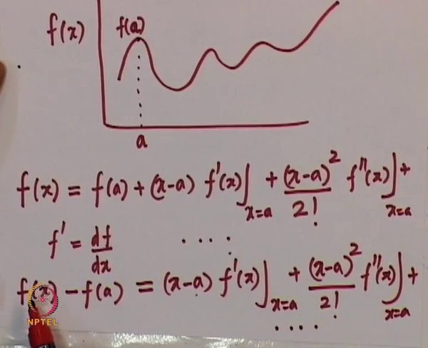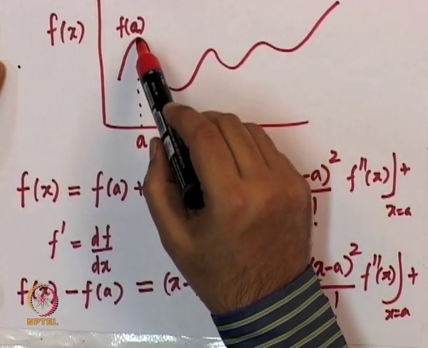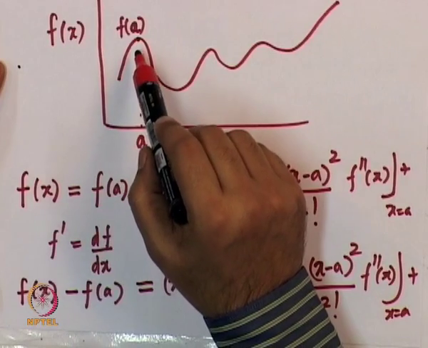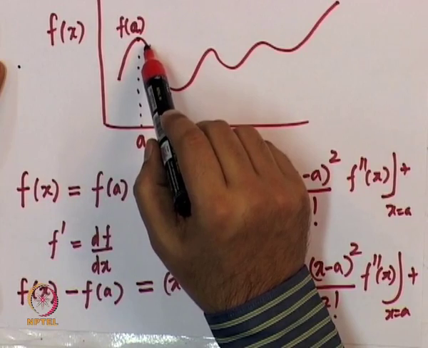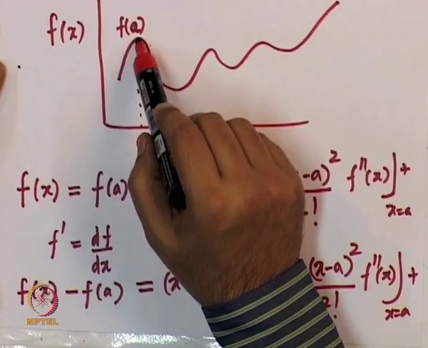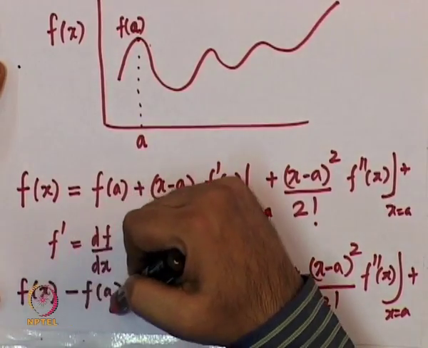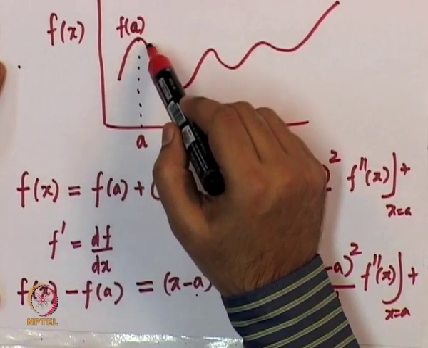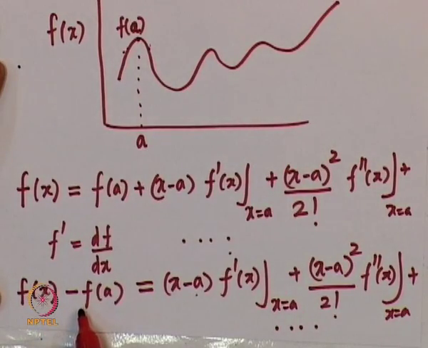Now, if you look at this f x minus f A, if suppose I am at a maxima point, then if I choose x to the left of A or to the right of A, in both cases f of A is going to be larger than f of x. So, f x minus f A has to be a negative quantity.